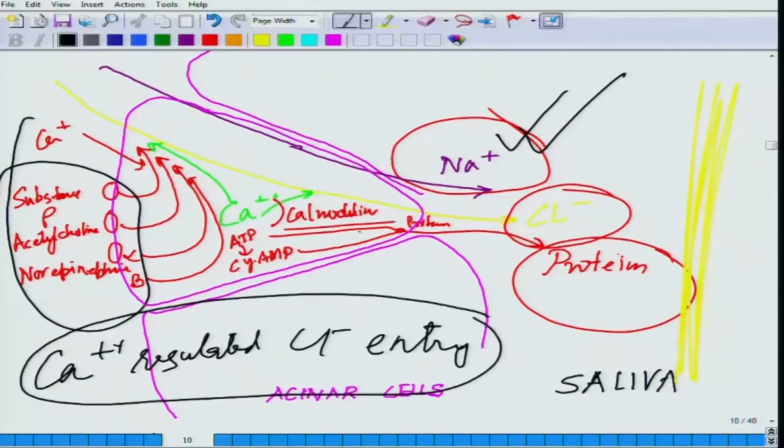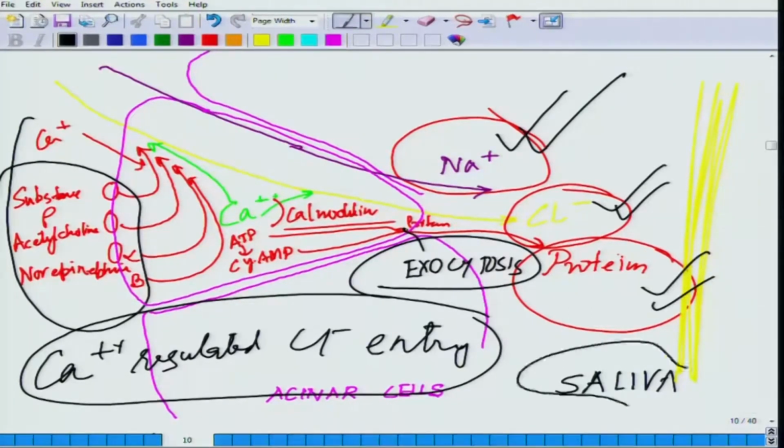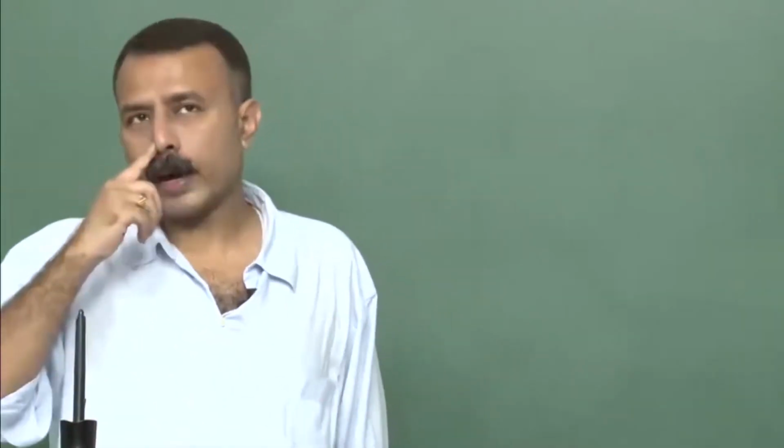So this is a very highlighting feature here, calcium regulated chloride entry. That calcium further plays a role in secretion, exocytosis of proteins. And this whole complex eventually leads to the formation of the saliva. So, this is what I wish to highlight, that this is a very tightly regulated event where the nervous system plays a critical role in the formation of saliva.